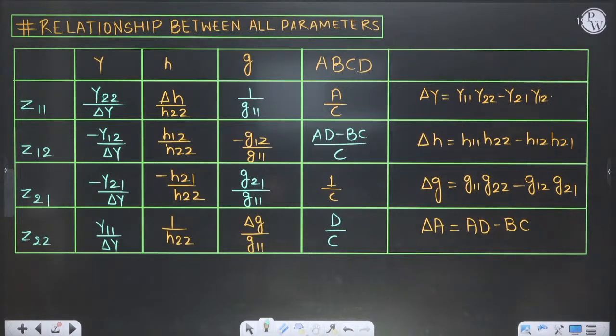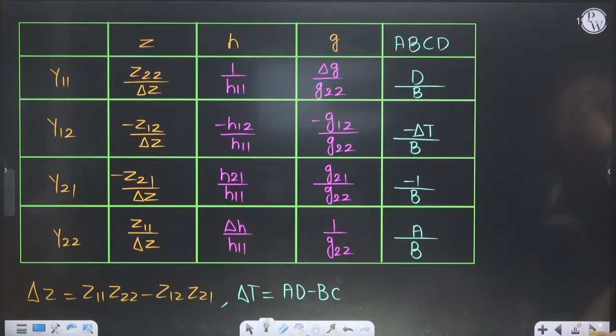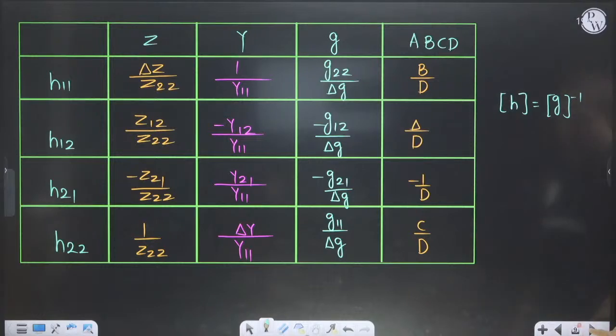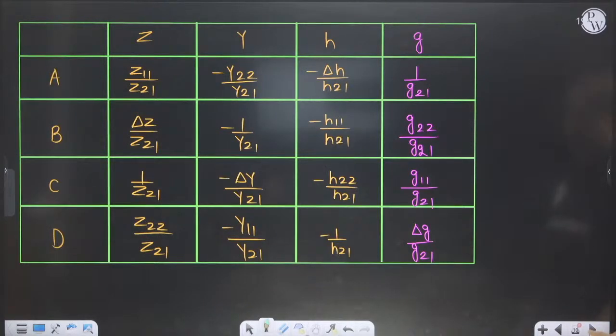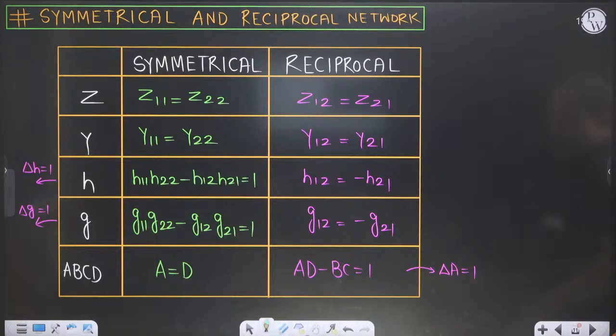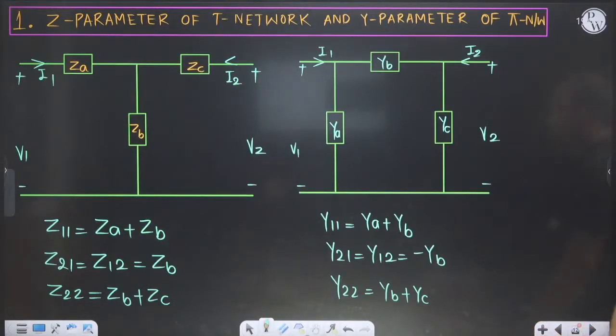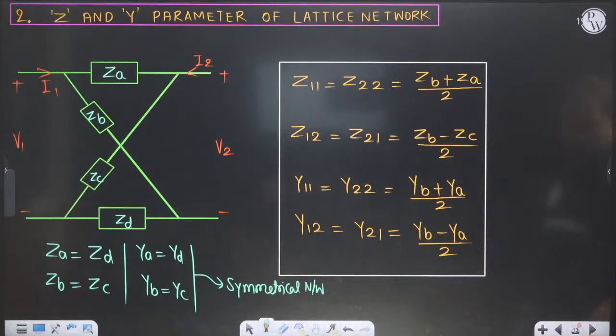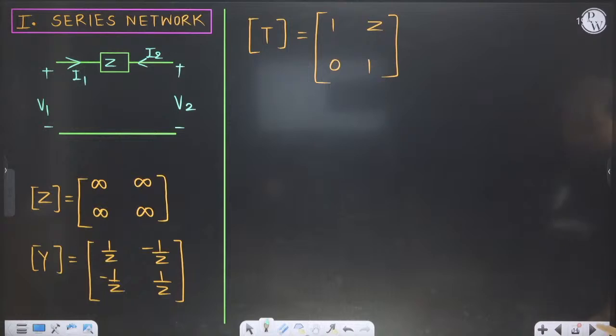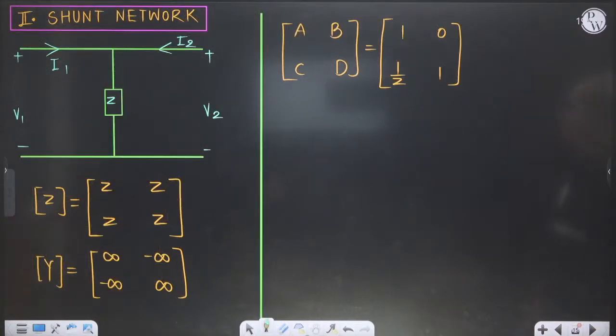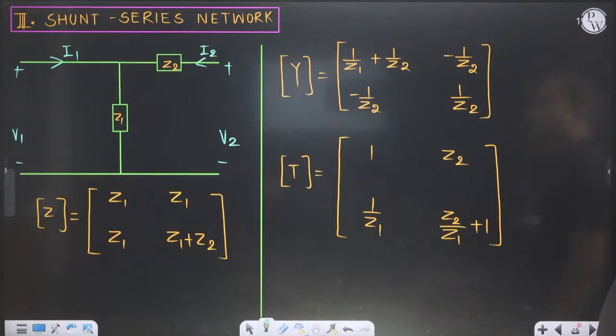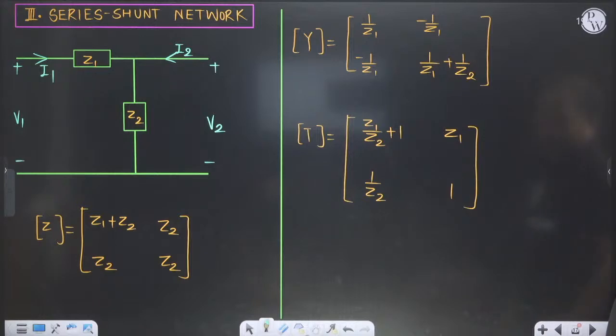Then we studied how to calculate the y parameter, the h parameter and the ABCD parameter using other parameters. Then we studied symmetrical and reciprocal networks, and what the symmetrical and reciprocal network conditions are. Then we studied the T network z parameters and pi network y parameters, the lattice network, and the series network and shunt network, with their ABCD, z and y parameters, and the series-shunt and shunt-series networks, with their y parameter, z parameter and ABCD matrix.